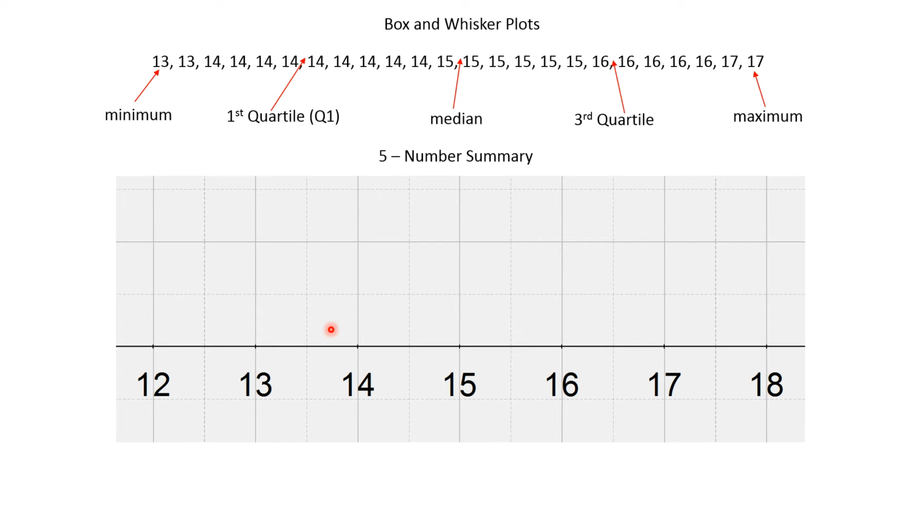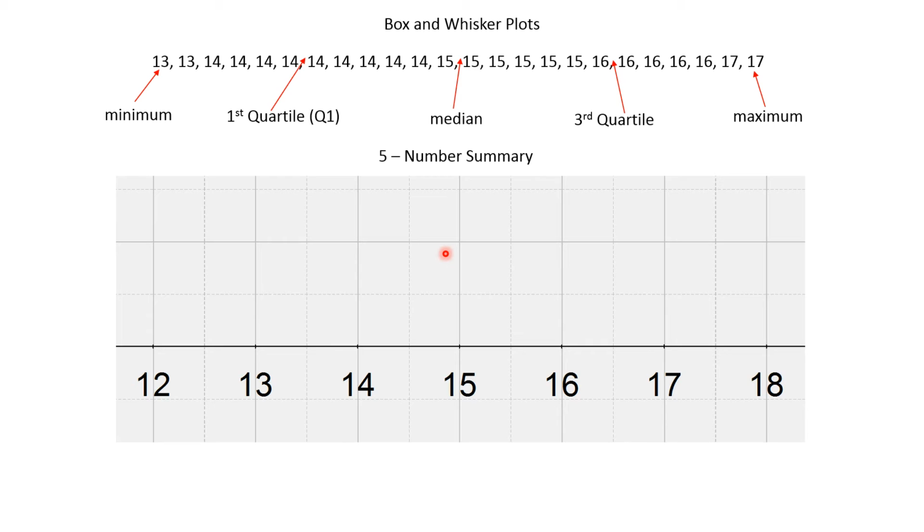Now, the number line needs to be evenly spaced, just like any other number line. The other thing I see people do is they actually put it on the number line itself. It does not go on the number line. It goes above the number line. It doesn't matter how far above the number line, but it does go above.